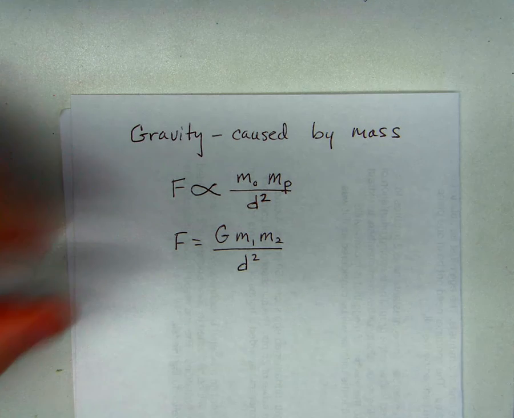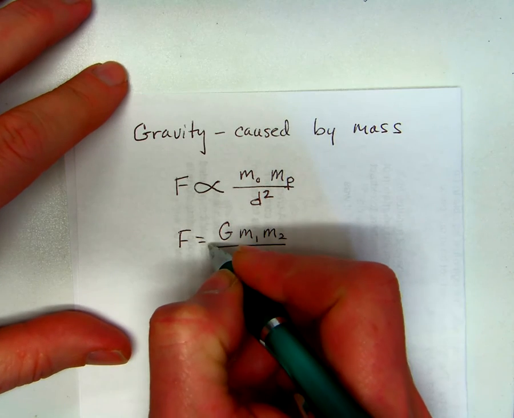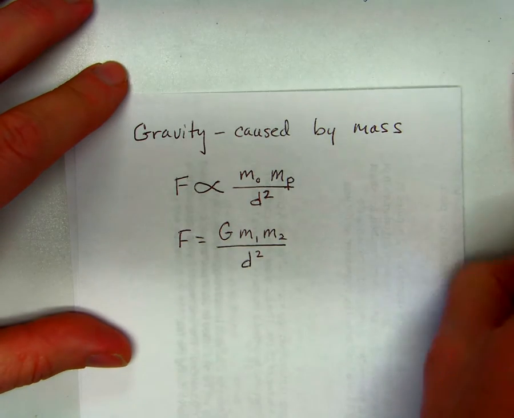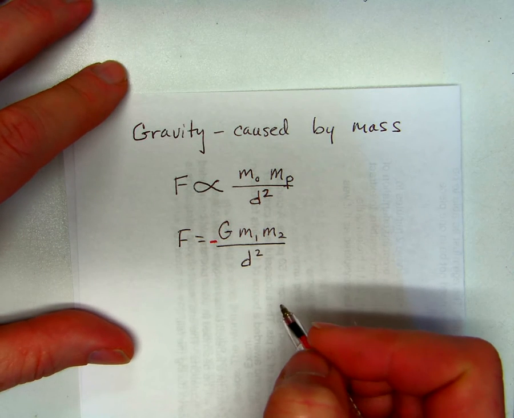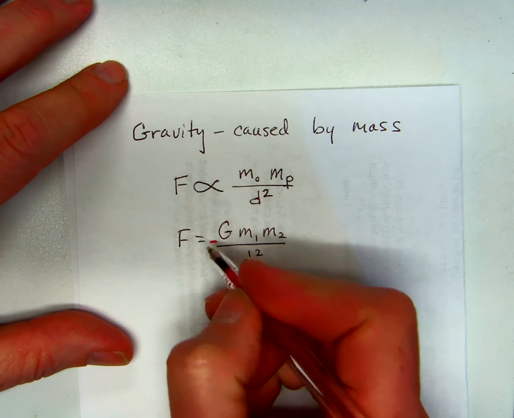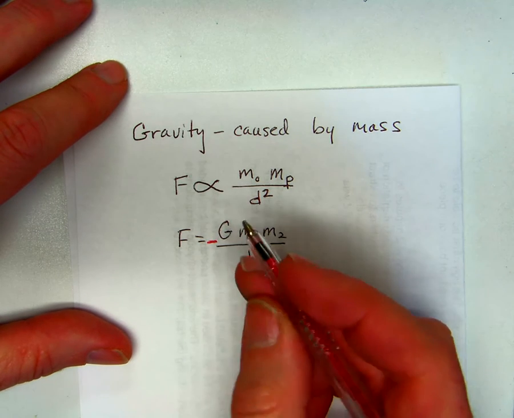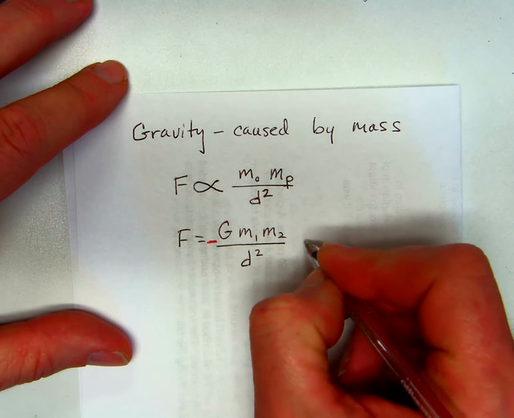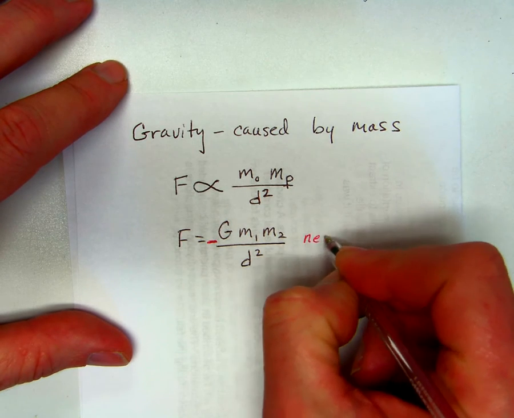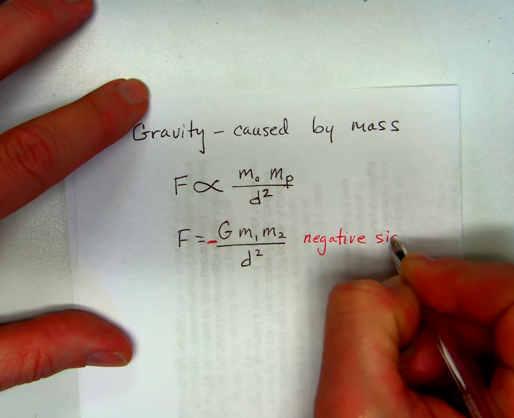Okay. So Isaac Newton said that this was the case. A lot of times you may see a negative sign here. All the negative sign means is the force is attracting. We'll get into that a little more when we talk about the electrostatic force. Sometimes you'll see it written there, sometimes not.